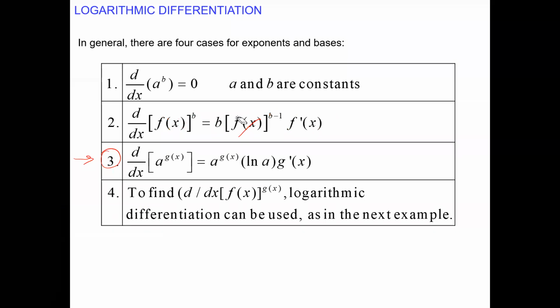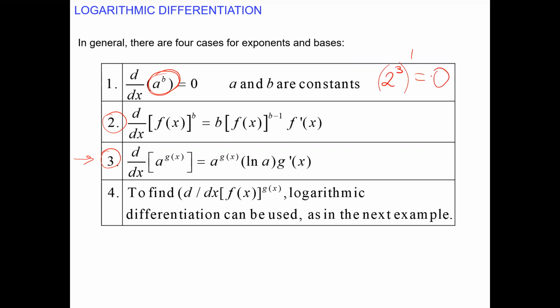It means number 2 is a power function. This is exponential. Number 1, even if this looks like a power or exponential, but both of them are constant, like for instance 2 to the power of 3, that's constant.